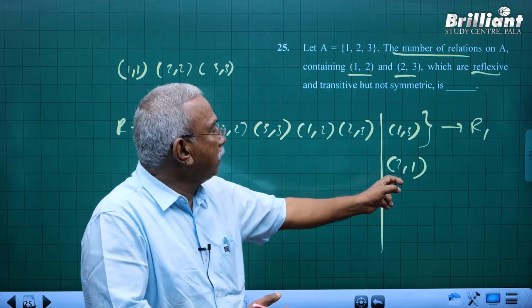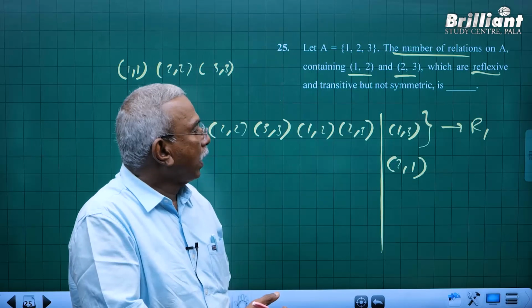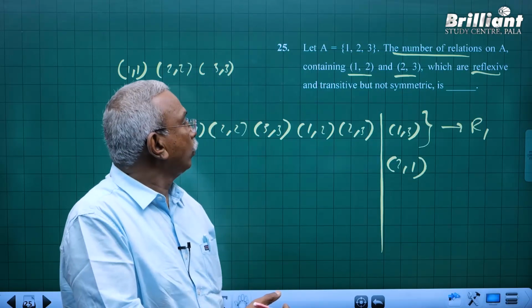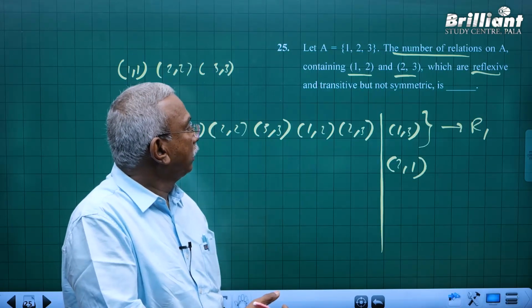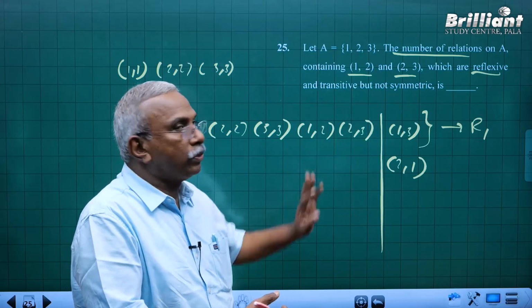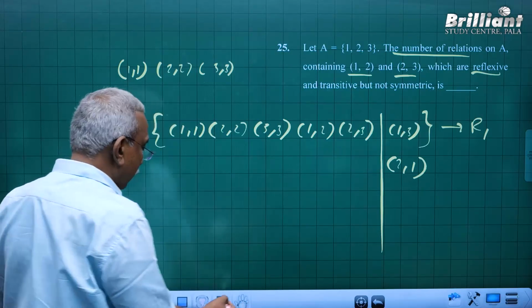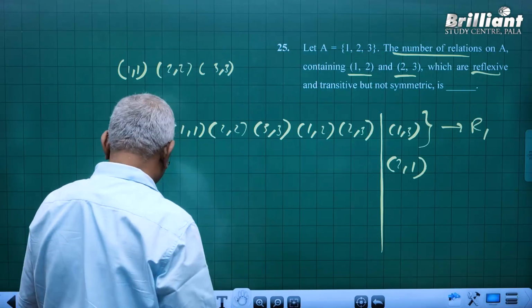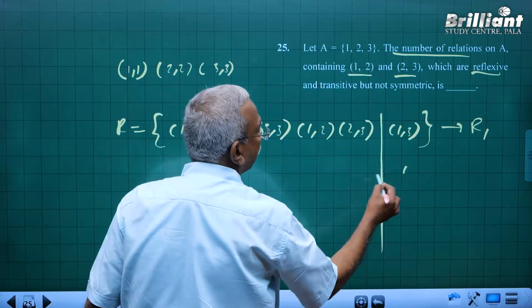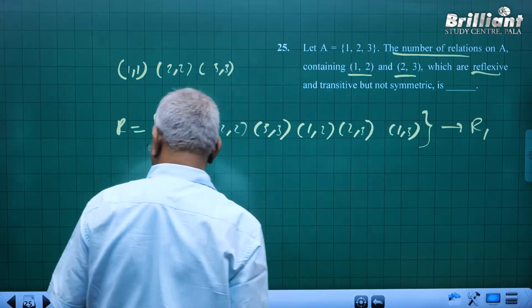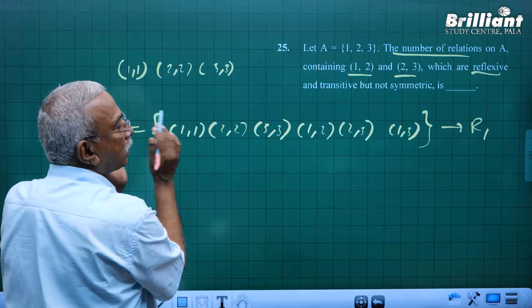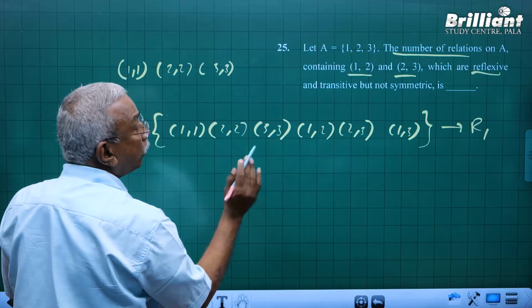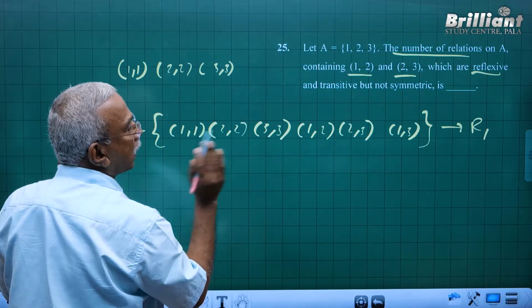So when you add this and do not include that, (1, 2) is also there, but not including (2, 3). So I write down that set as R2. This R1 is reflexive, not symmetric, but it is transitive.